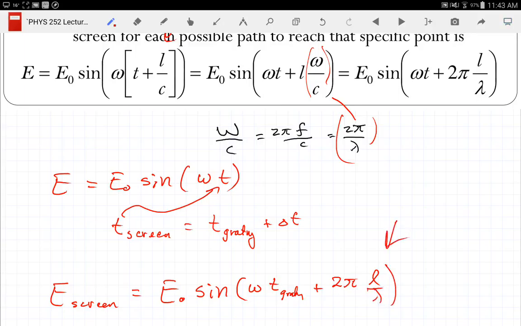So this is the part that is going to vary depending on where you're hitting the screen. That length is going to be different depending on where you're hitting the screen. And so that's why I wrote it out this way, because that length now is geometric. We can use geometry to find the length.